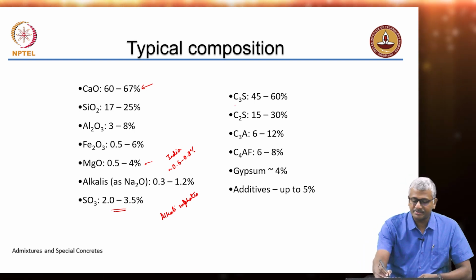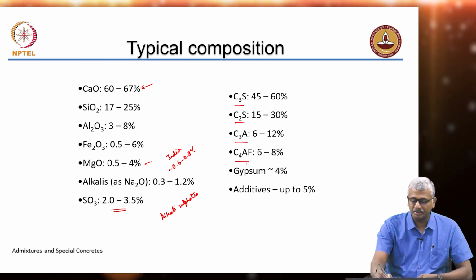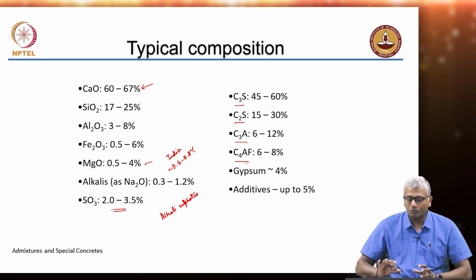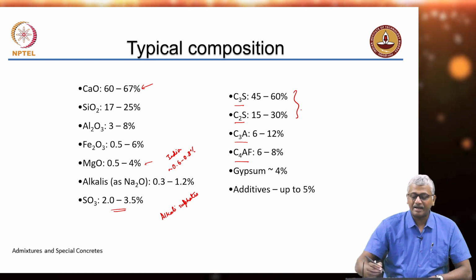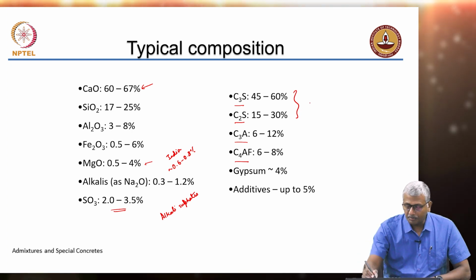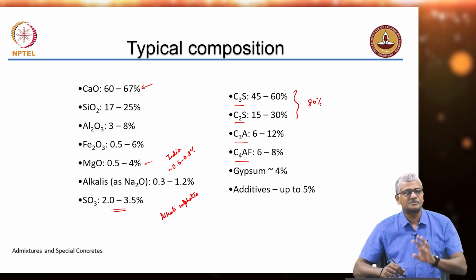Now, in the kiln, as we discussed earlier, there is going to be a combination of these oxides to form the primary phases: tricalcium silicate, dicalcium silicate, tricalcium aluminate, and tetracalcium aluminoferrite. And if you look at the overall composition, if you add up your C3S and C2S together, typically around 80% would be C3S plus C2S, irrespective of the type of cement.